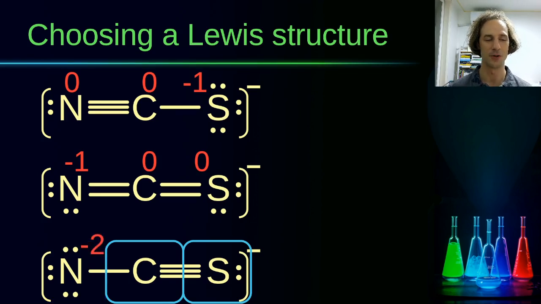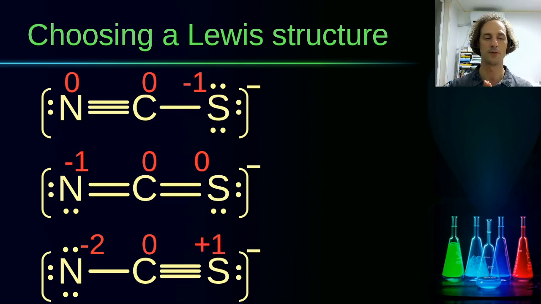So this is a formal charge of -2. Carbon, formal charge of 0. It has 4 valence electrons again. And sulfur has only 5 valence electrons, so it lost 1. Its formal charge is +1, so we can add up. This is -2 + 1. This is also -1, so formal charges always add up to the charge of the polyatomic ion.